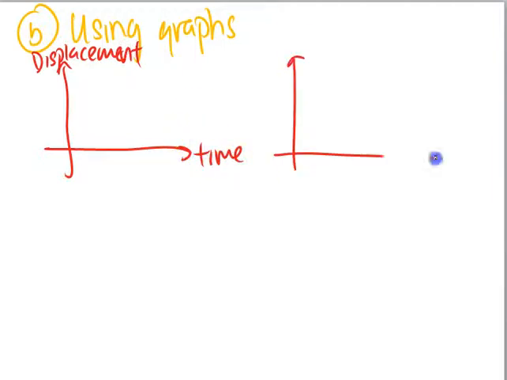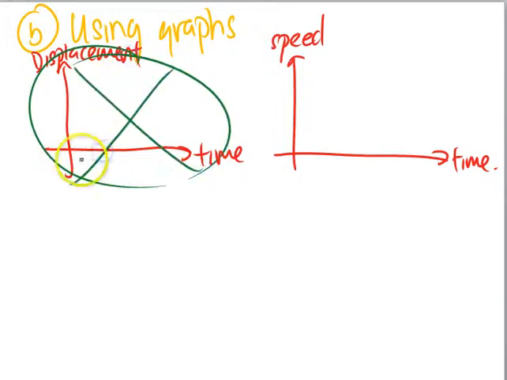I know that we also have our speed time graph. Most of the time they will not ask you to calculate acceleration based on your displacement time graph. So you're only left with a speed time graph. Right, how do we calculate acceleration using a speed time graph?